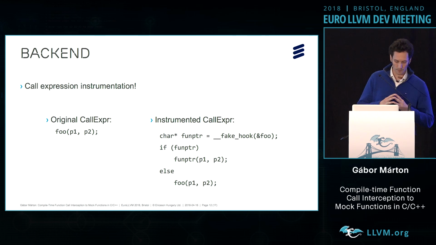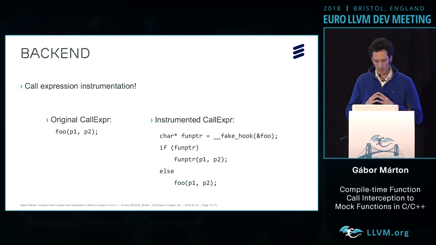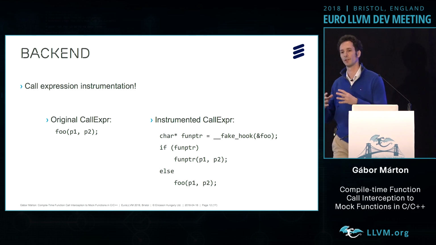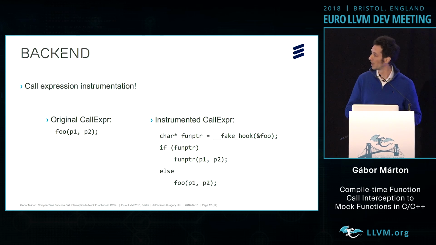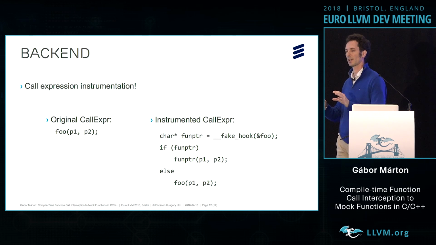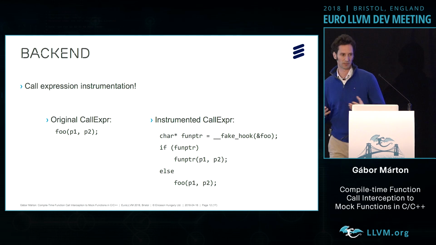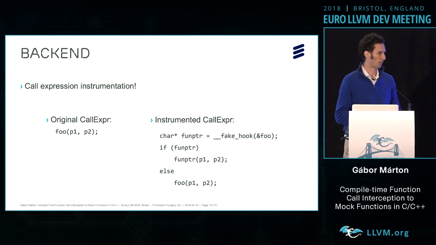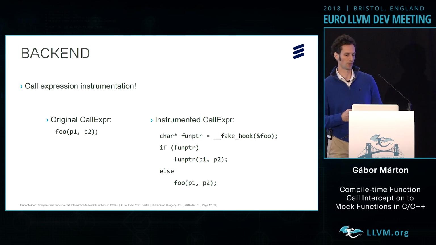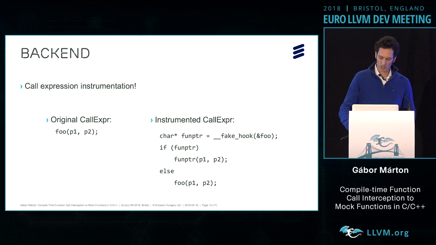Actually, currently, the prototype we have is implemented in a way that we modify the code generation part in Clang. However, this would be better to implement as an LLVM pass, because that way it would be independent from Clang and from the language front ends.